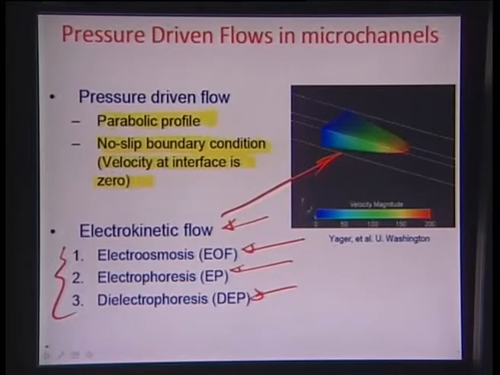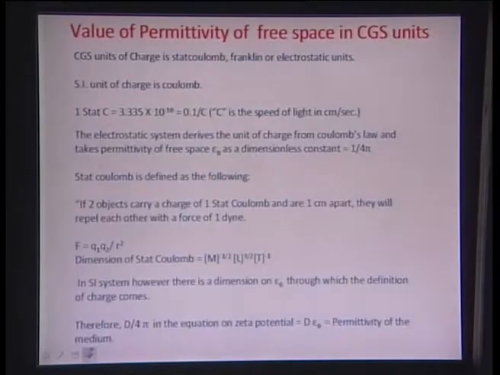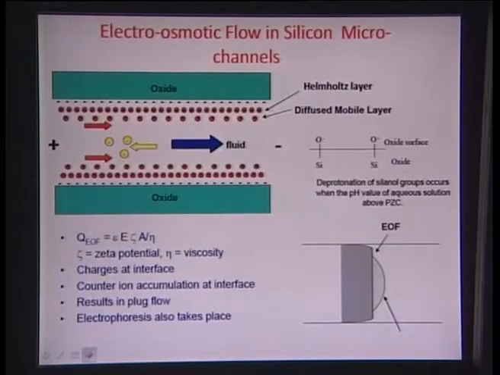This right here is a simulation by Jaeger's group up at the University of Washington, and essentially if you just compare the flow profiles generated from the EOF and a parabolic flow, if you may recall, in a pressure driven flow the flow profile is a parabola of this sort, right.